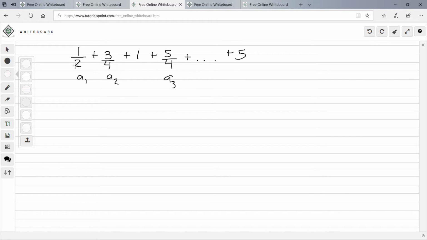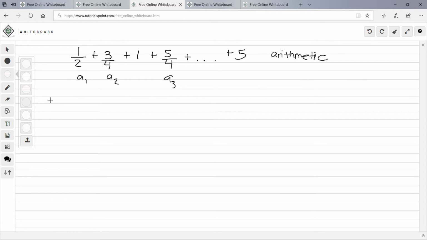Okay, so we got to find the sum. It's the same. Find the sum of each arithmetic sequence. So we got to find the sum of this, right? And we know it's arithmetic because that's what it said. So we got to find the difference.